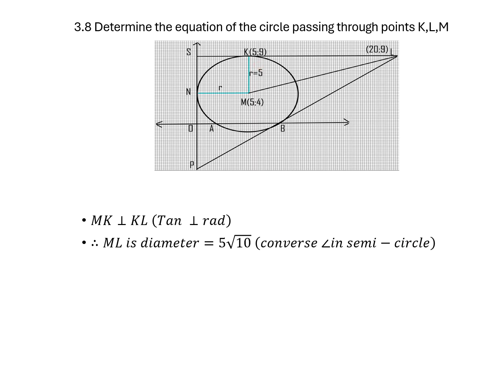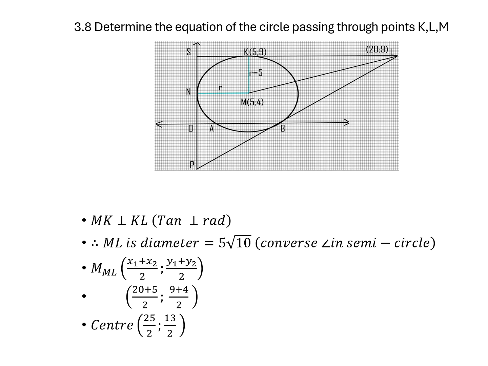Right, so from there, we're going to find the midpoint to find the center of this new circle. x1 plus x2 over 2. So for ML, I can say 20 plus 5 divided by 2, 9 plus 4 divided by 2, which gives me 25 over 2 and 13 over 2. So that's the center of this new circle.